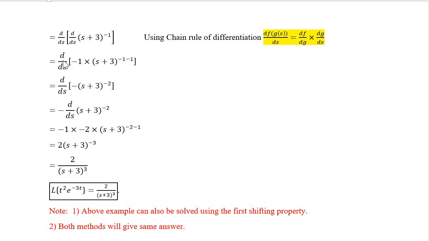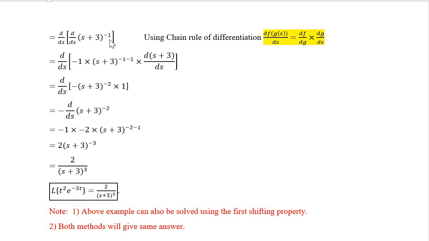So this operator as it is, one-time differentiation will be done using the chain rule. S plus 3 inverse derivative with respect to s plus 3 is minus 1 into s plus 3 raised to minus 1 minus 1. And then the derivative of s plus 3 with respect to s is 1. One more time let me explain. This d by ds is as it is.